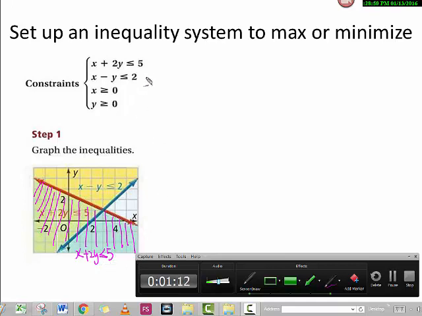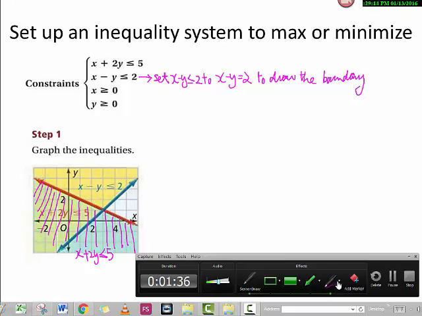Now let's do the second inequality. Same thing, we're going to change x minus y less than or equal to 2 to x minus y equal to 2 to draw the boundary. We use the table of values to find 2 points, the x-intercept and y-intercept. Then we end up getting these blue lines.